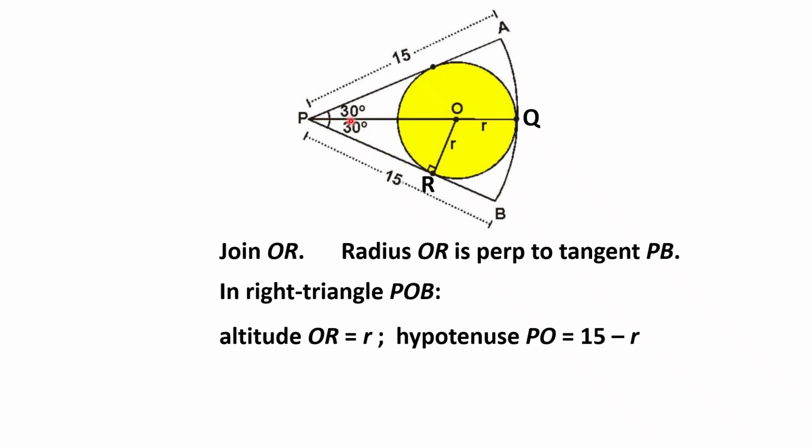The opposite angle is 30 degrees. So in the right angle triangle, OR equals R, hypotenuse PO equals 15 minus R, and the angle is 30 degrees.